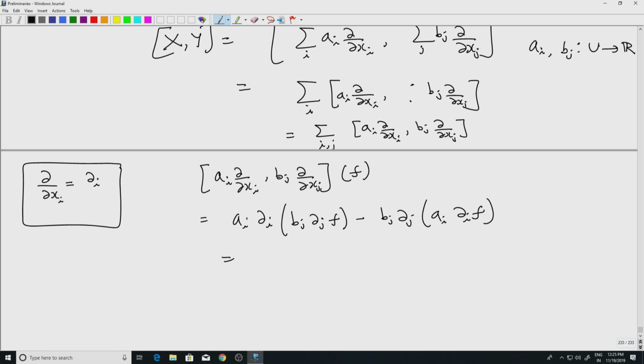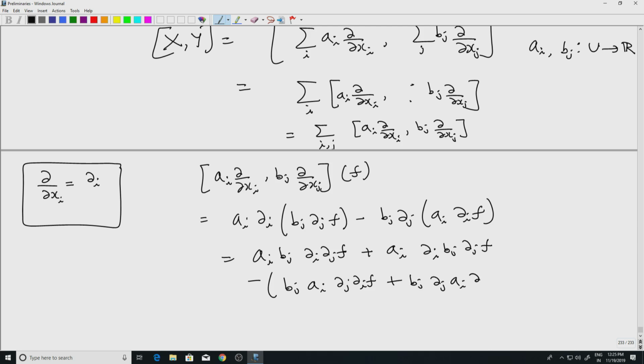One uses the Leibniz rule two times, and then one gets ai bj del i del j f plus ai del i bj del j f, and then the second thing, which is bj ai del j del i f, plus bj del j ai del i f.